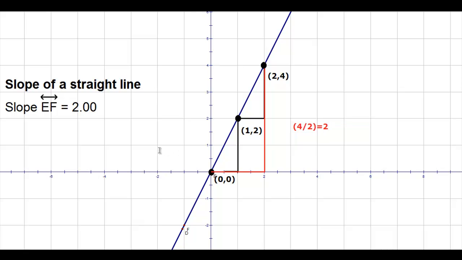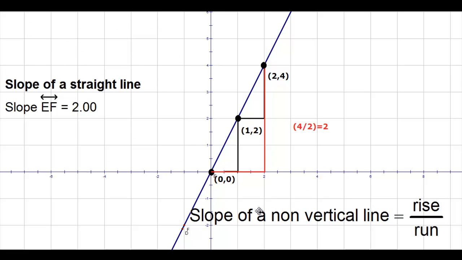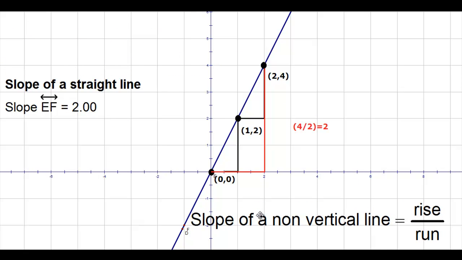So we define the slope of a non-vertical line as rise over run as we move from one point to another. Of course run is considered positive in the right direction of the x-axis, and rise is positive going upwards along the y-axis.